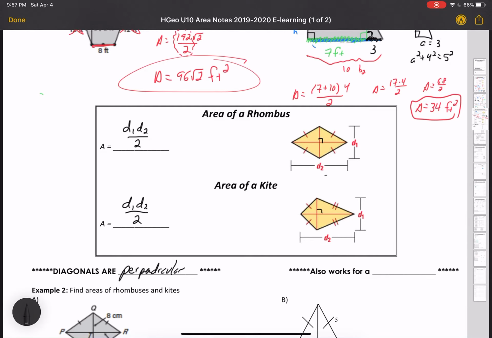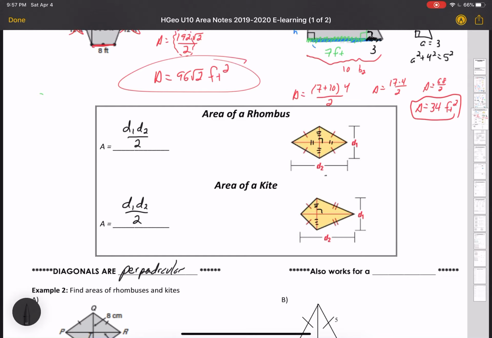Remember that the diagonals of a parallelogram bisect each other, so that's going to exist within the rhombus. That might be helpful. And remember, in a kite, the longer diagonal bisects the shorter diagonal.